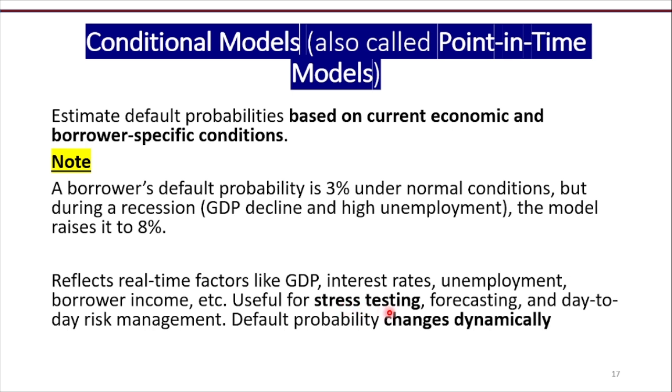Stress testing is like the unconditional or the most worst scenario. In the most worst scenario, we use stress testing. Just simply understand, conditional model is where the probability of default is changing.